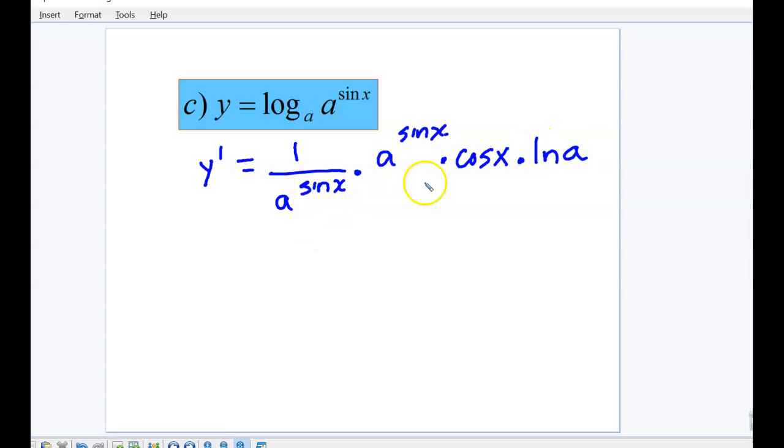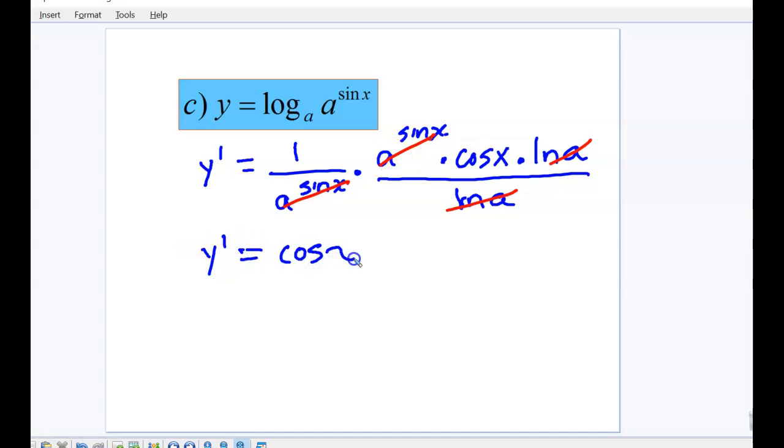So there's 1 over the function times the derivative of the function, all divided by ln of the base, which is a. So if you notice, this will cancel out this, and this will cancel out this, and my final derivative is just cos x.